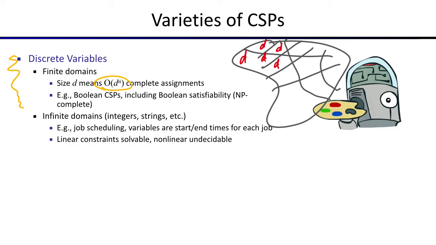Because remember, any of those assignments is a state in our search space. Hinting at why the search algorithms we've seen so far don't work all that well here, because that's a huge search space when you have a lot of variables.